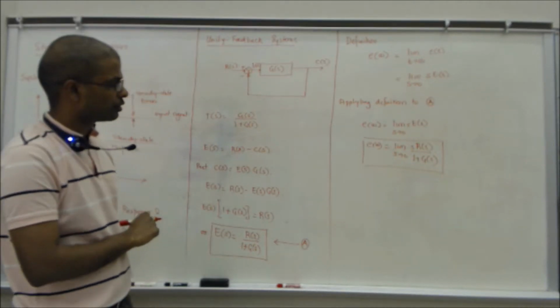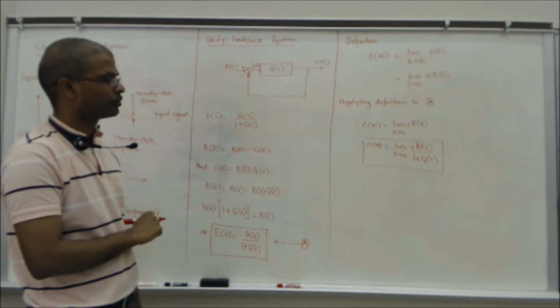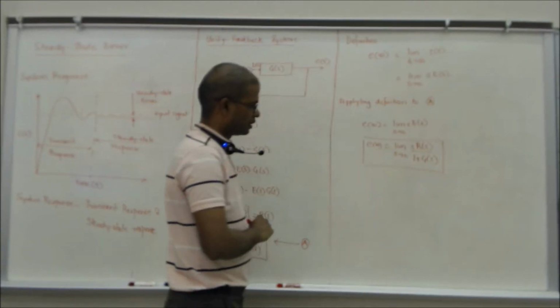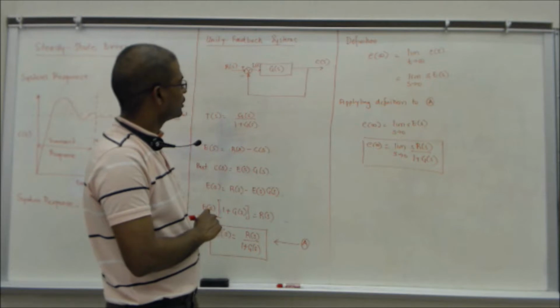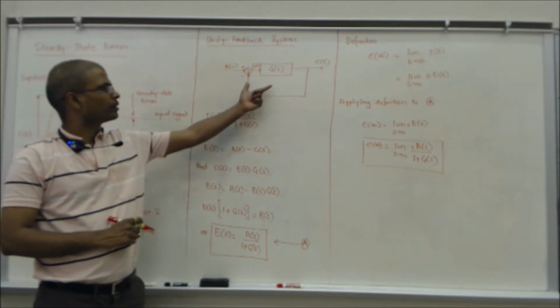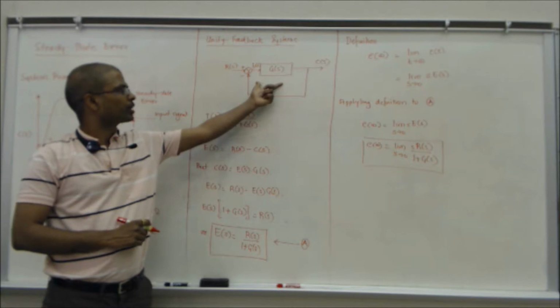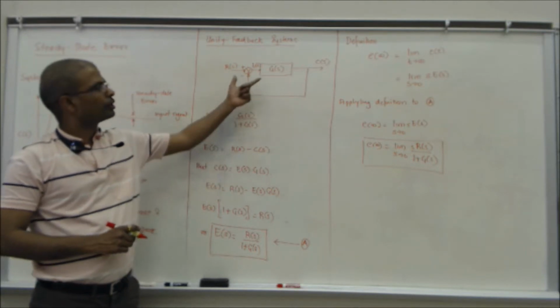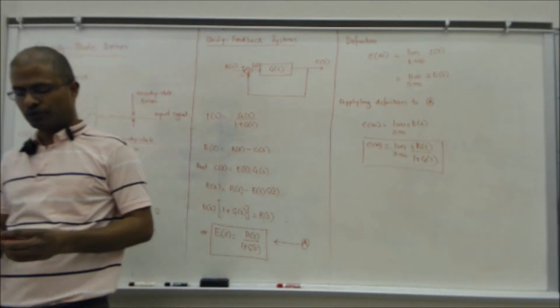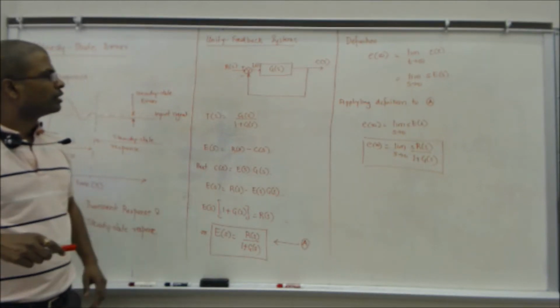This is the definition of steady state error in terms of G of S. Now, understand why we are trying to express this in terms of G of S.